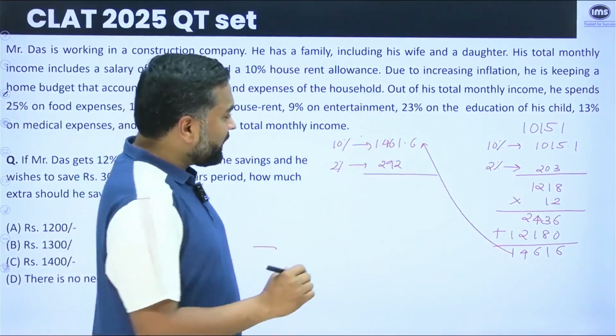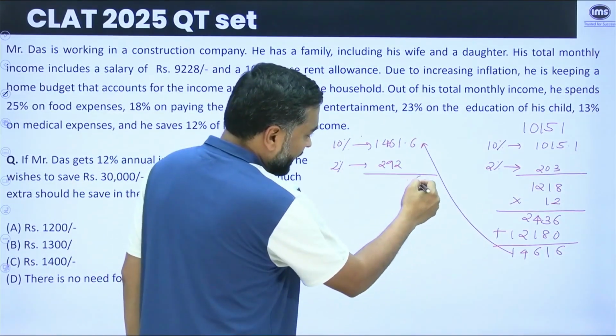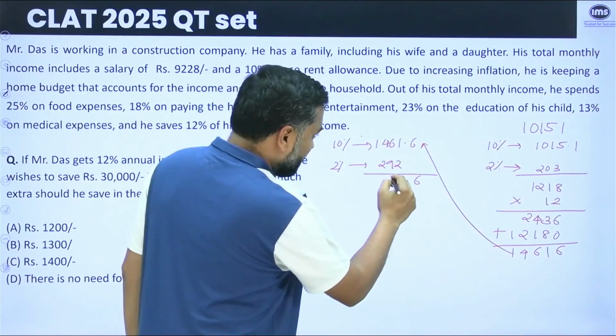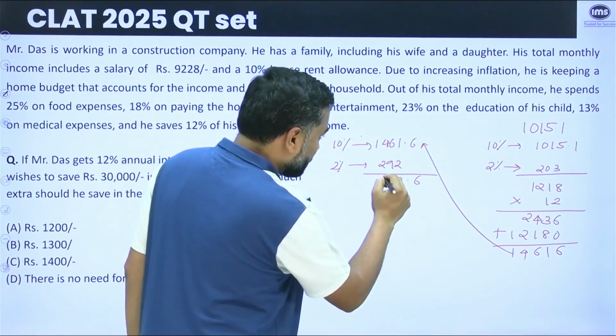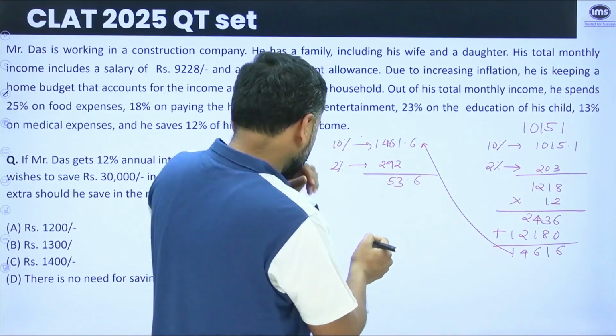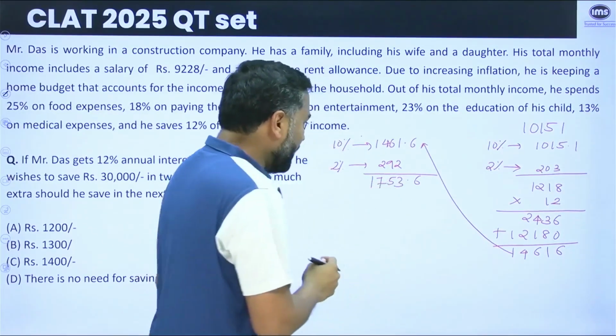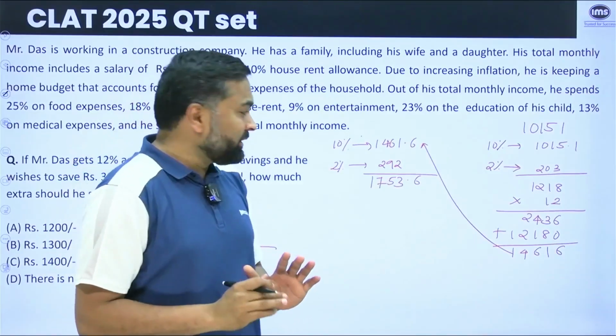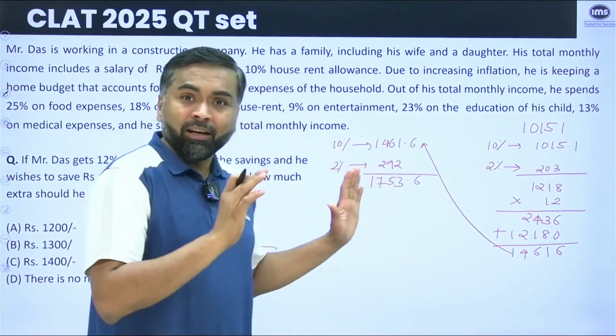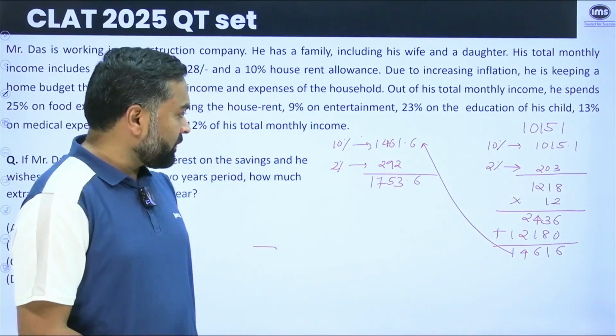So what is the addition that I'll get? It is 6 here, 3, this is 5, this is 1, and this is 7. This is 1753.6, the interest that he will get in the second year on the first year saving.